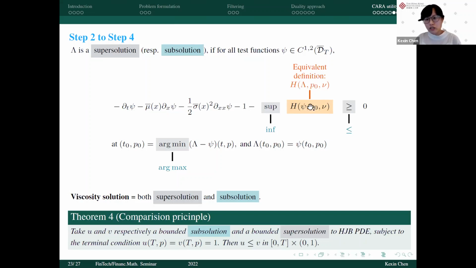So we do not need to use psi in the non-local term. We can just use the value function itself in the non-local term. So we get another equivalent definition of the viscosity solution, which leads to the PDE formulation that I introduced in the outline page. Further, we can use the following comparison principle to show that the solution to the PDE is unique.